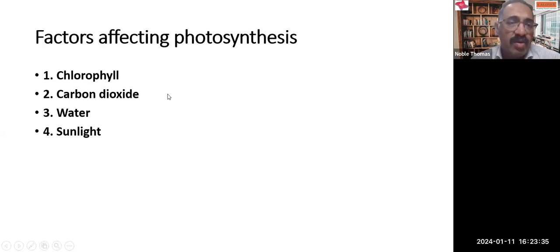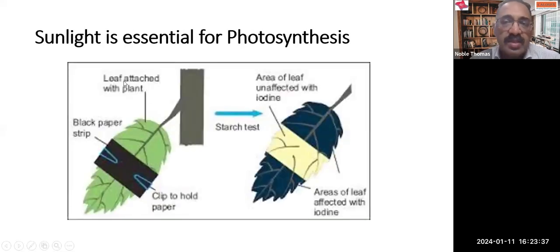So some of the very common activities are: number one, this one. How can we test that the presence of light is essential for photosynthesis? This is a very commonly done activity, where we take a leaf and cover a small portion. But before doing this, we must de-starch the leaf. I hope you are aware of what is meant by de-starch: removing the starch which is already there in the plant.